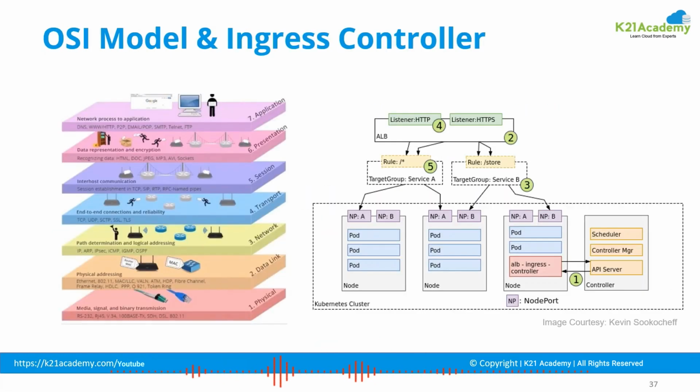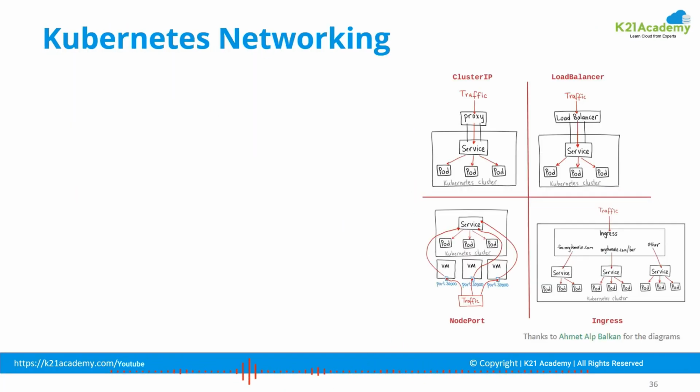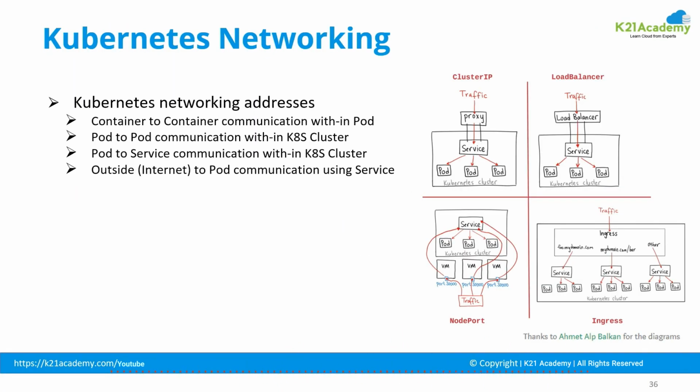So just to do a quick recap on the networking, and again, you might have to watch this networking lesson one more time. The Kubernetes network defines how container to container communication is going to happen within a pod.